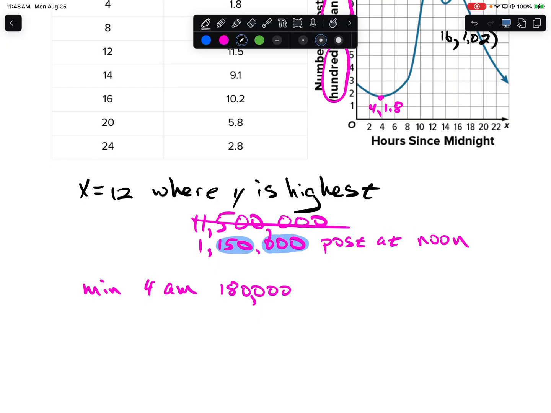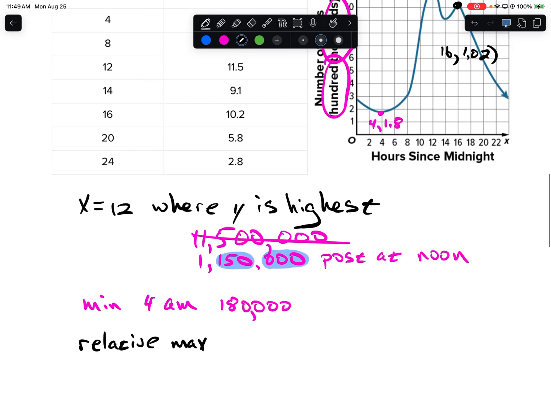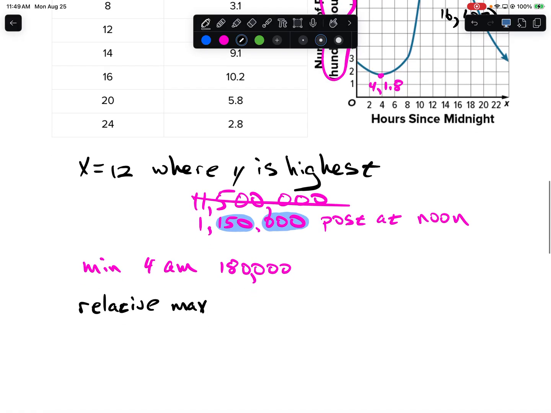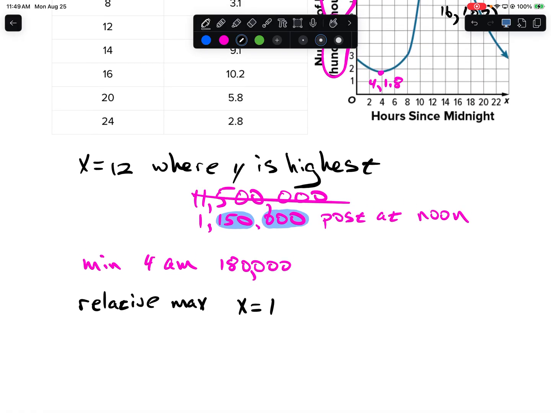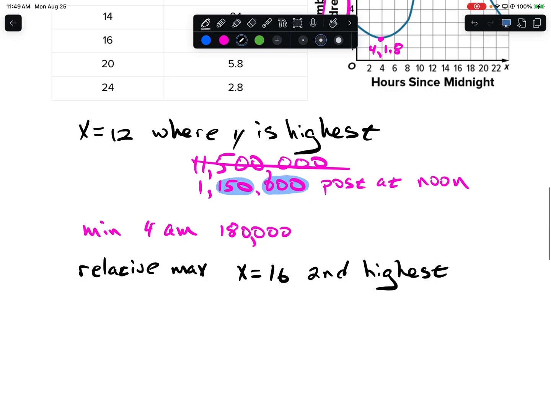They shouldn't have done it like this. I should find a better graph for next year. Relative max, x equals 16. And then that's the second highest point. And the relative max number of posts are 1,020,000.